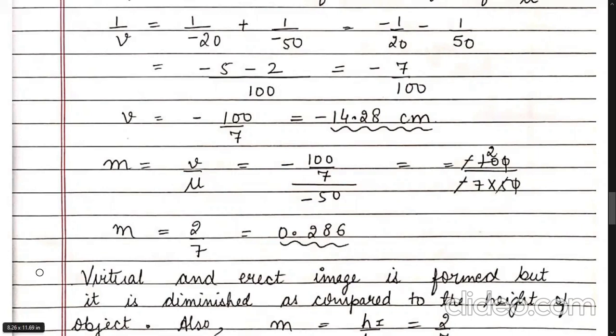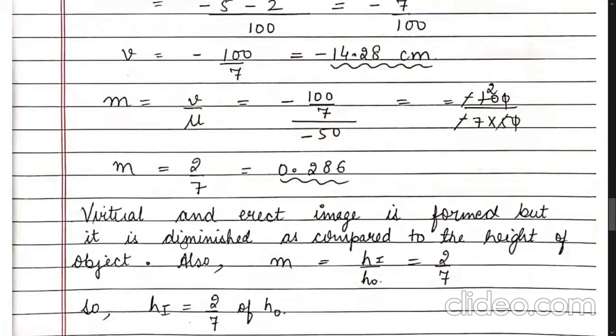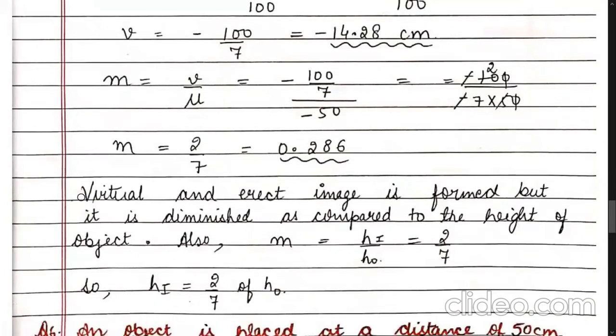Now students, the answer is coming positive. What does it mean? It means that the image is virtual and erect since it is positive. While the numeric value 0.286 is less than 1, which means that the image formed is diminished as compared to the height of the object.